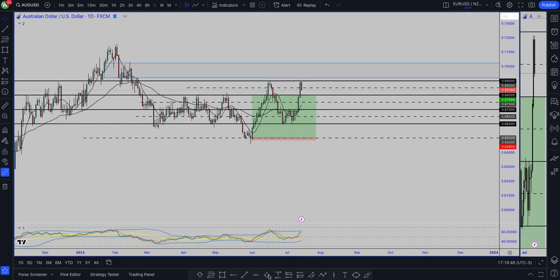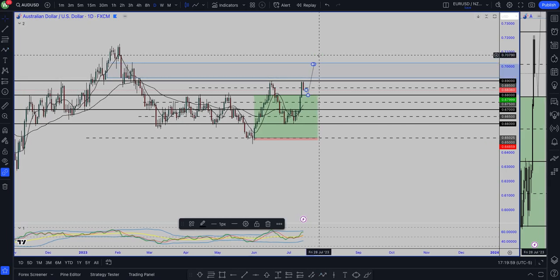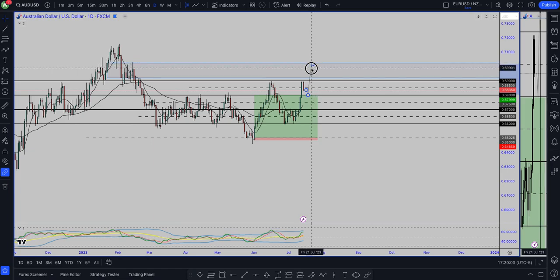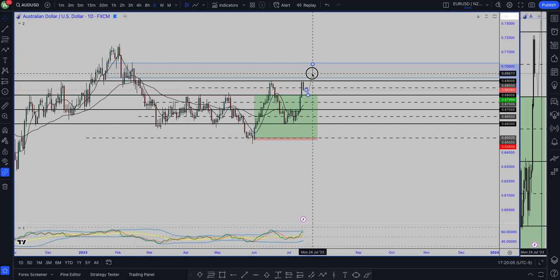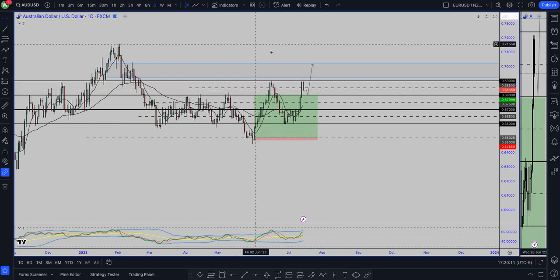It's going to come a little bit lower to the zone and finally push back up. So if we can see the market do this, then we should be good, right? This is what we should be looking for. We can see the market retrace back down, find this area of support, then push back up.